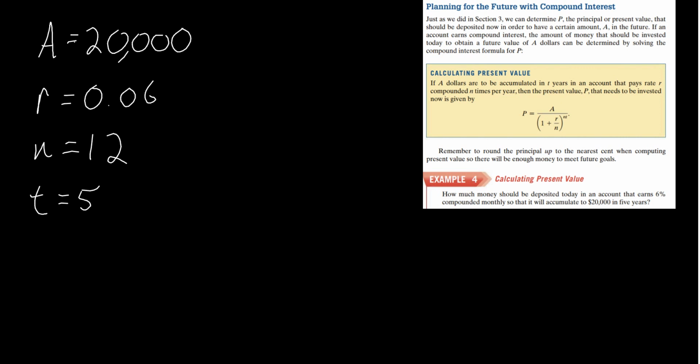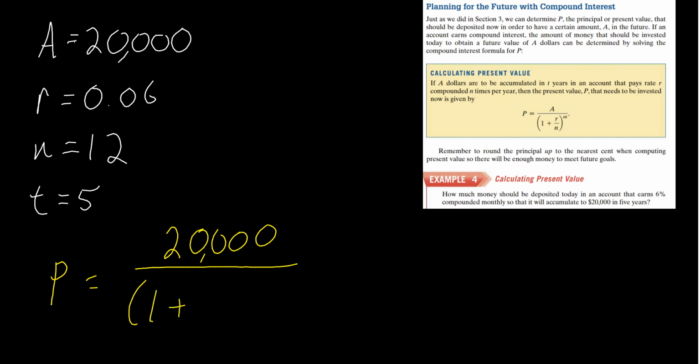So my formula is now going to look like this. P is going to be equal to my amount, which is 20,000, all over 1 plus my rate, which is 0.06, all over n, which is 12, raised to the nt, which is 12 times 5.